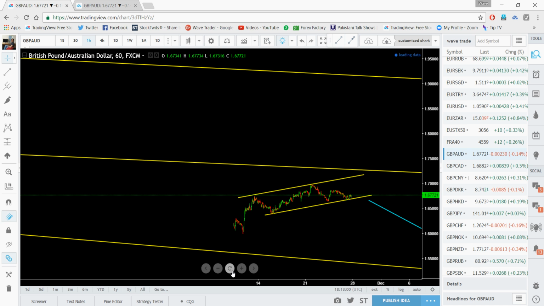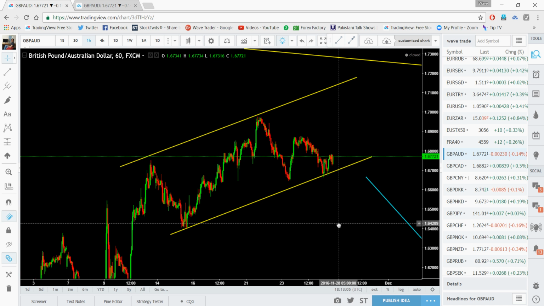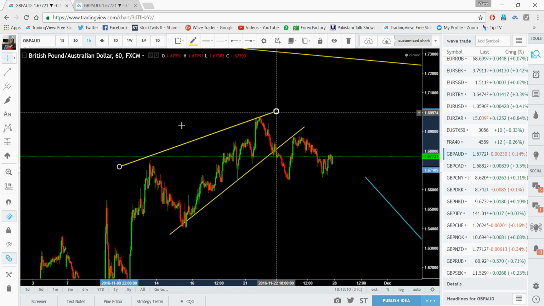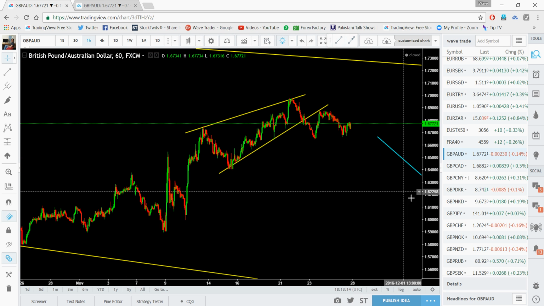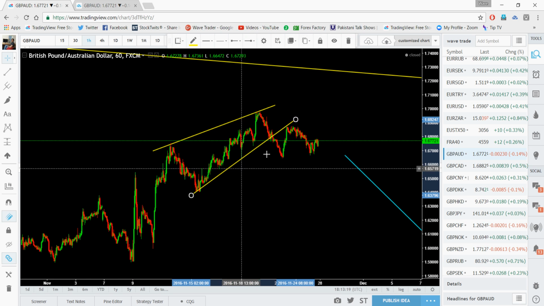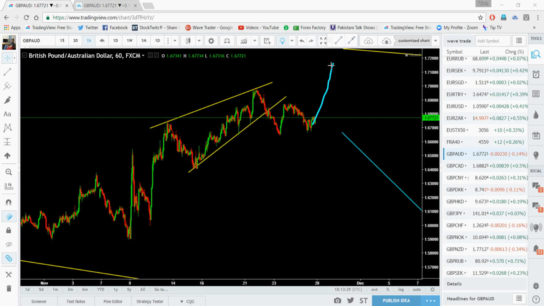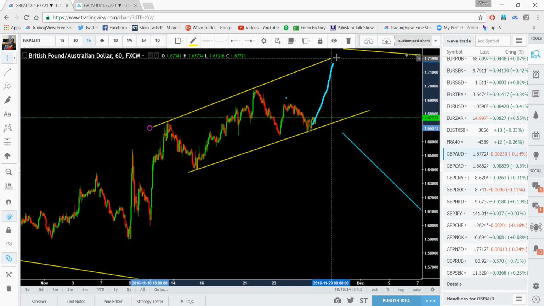If price does not come up to that level, the level we are watching, the current pattern was this, which has just broken down and has changed into something like a rising wedge or ending diagonal, but we don't count waves within that ending diagonal. So price can come up to that level and can form your channel, a changing pattern.